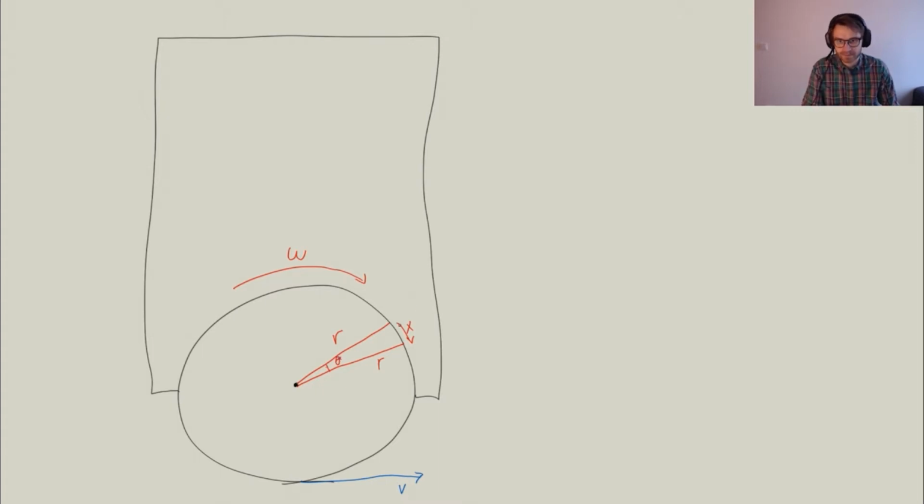From geometry, we know that the distance on the perimeter on the outside of the wheel, x, that's a section, is equal to the angle of the section times the radius of the wheel or the circle.